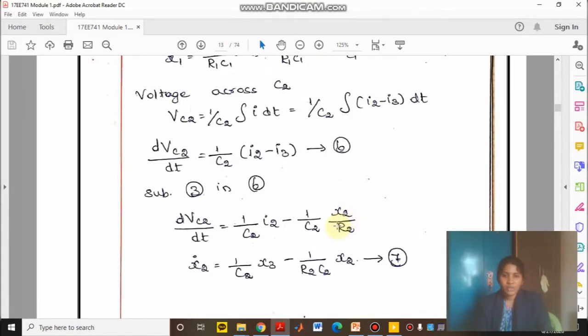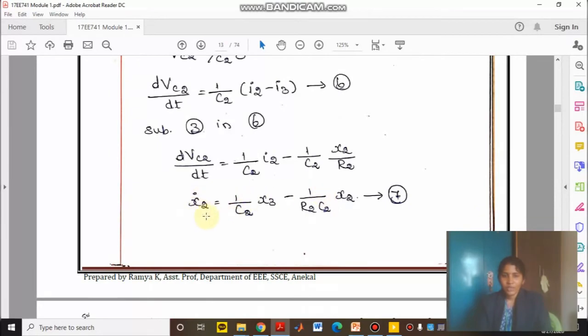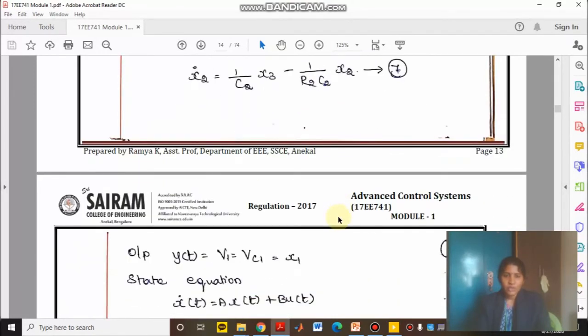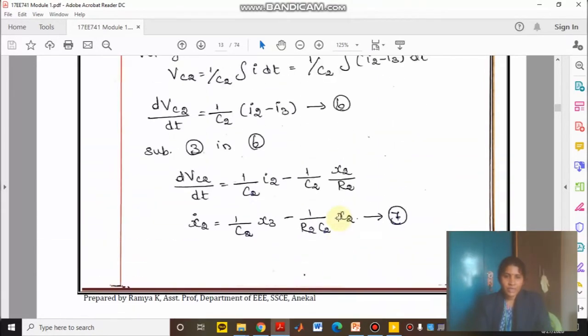I3 is not a state variable, it is a physical quantity. So you have to convert that in terms of your state variables. After converting, you will get x2 dot is equal to 1 by C2 x3 minus 1 by R2 C2 x2. So now we have identified x1 dot, x2 dot and x3 dot.